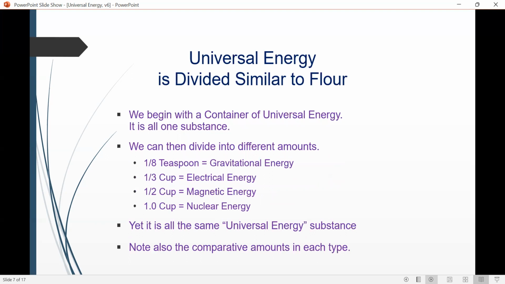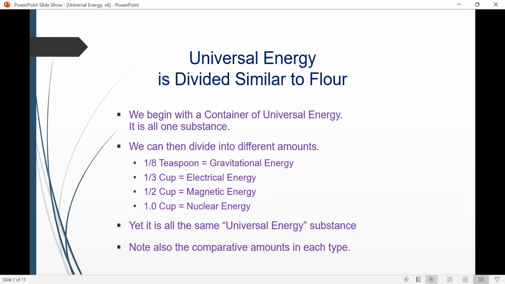In the same way, we divide up the universal energy. So we begin with a container of universal energy, right? The big bag of universal energy. Then we can divide it in different amounts.